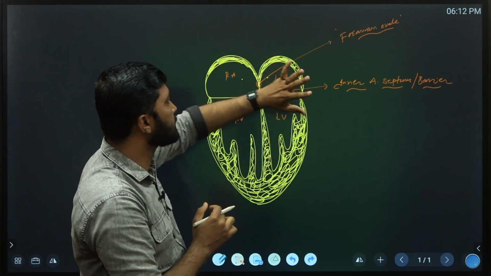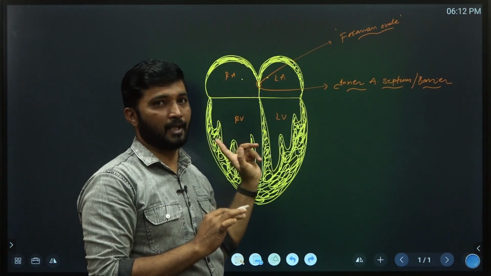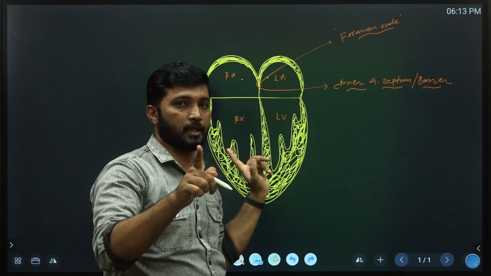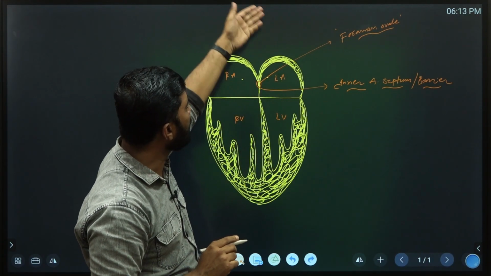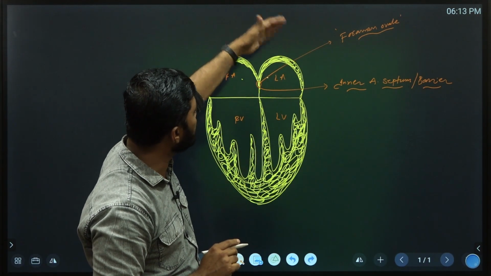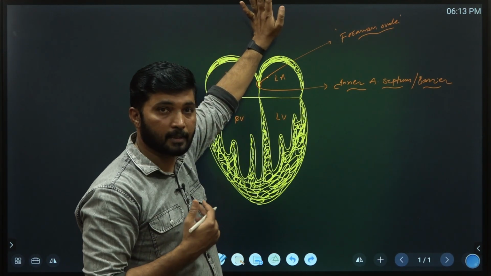What happens in the fetal stage? The right atrium receives oxygenated blood from the placenta, whereas the left atrium generally receives blood from the lungs in the adult stage.